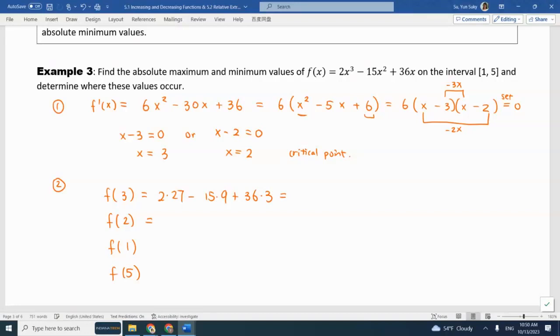Alright. So let me also write it down. So 2 times 2 cubed minus 15 times x squared, x is 2, plus 36 times 2. The 1 is easy, right? And for 5: 2 times 5 cubed minus 15 times 5 squared plus 36 times 5.